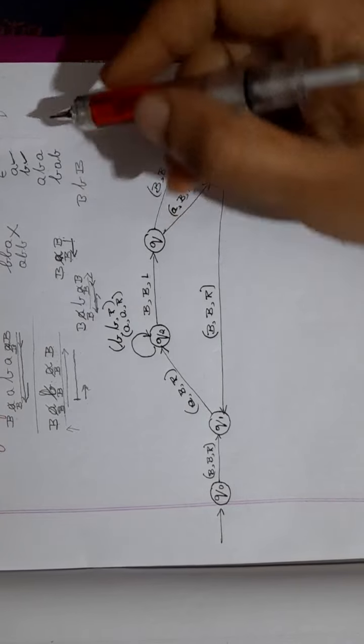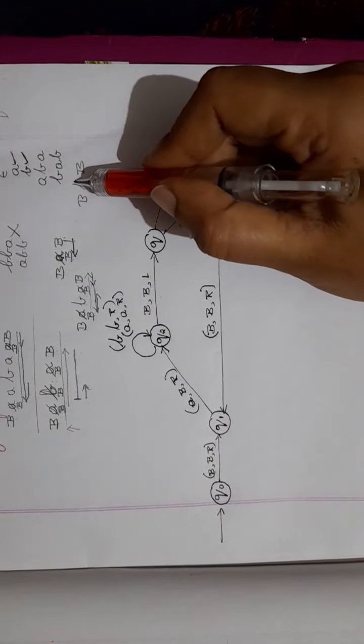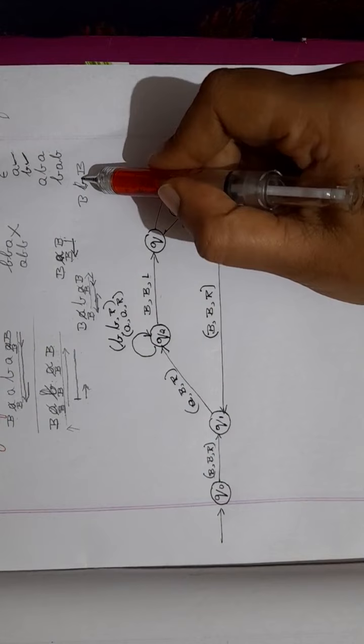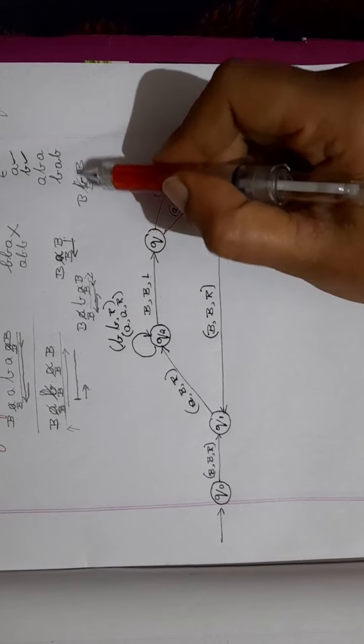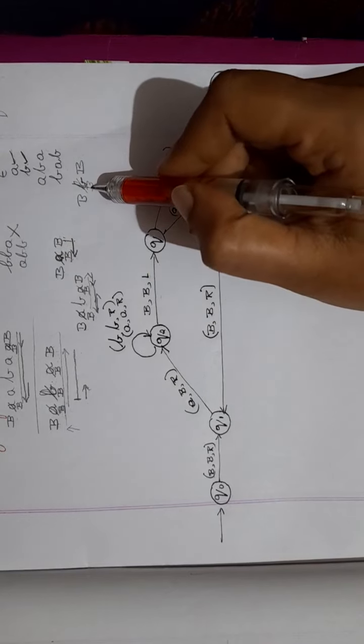So if it is B, keep it as B itself, move right. Now if you're reading input B, change it to B and then move right. Okay, same as this one only, but instead of A, I have B here.